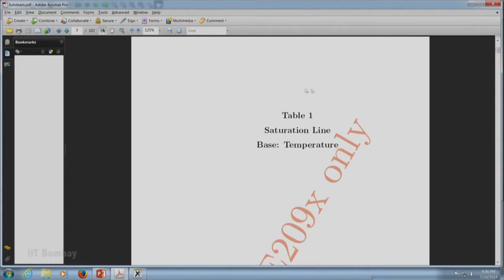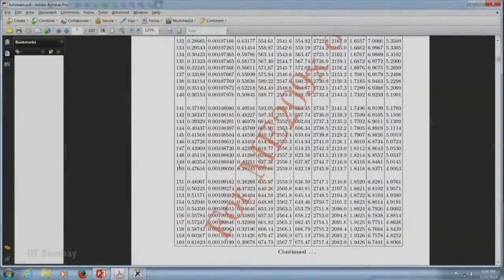So, this is table number 1 where base is temperature, we are on an LV line, and let us see now what is P sat at 150 degree centigrade. So, here at T is equal to 150 degree centigrade, corresponding P sat value is 0.47616. Alright, so P sat T is 0.47616.